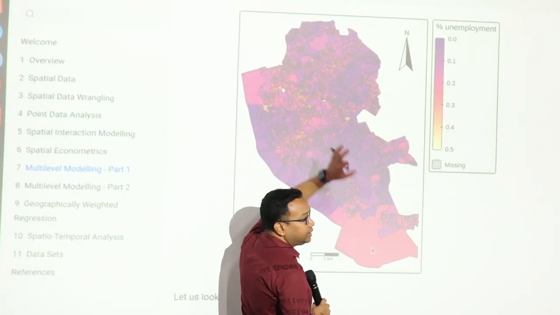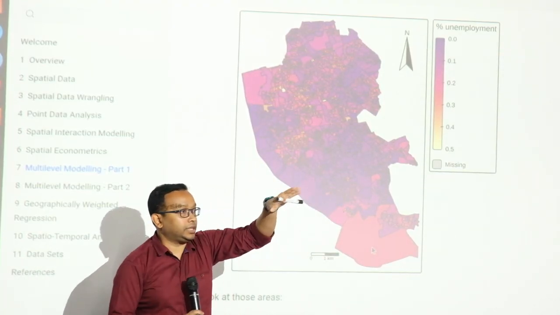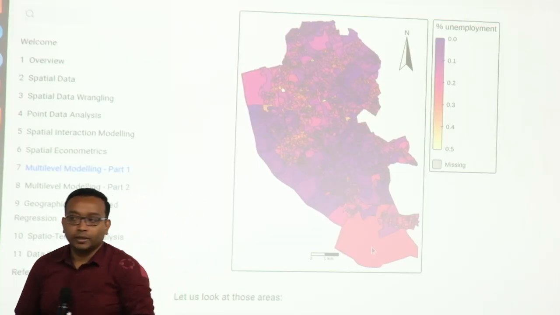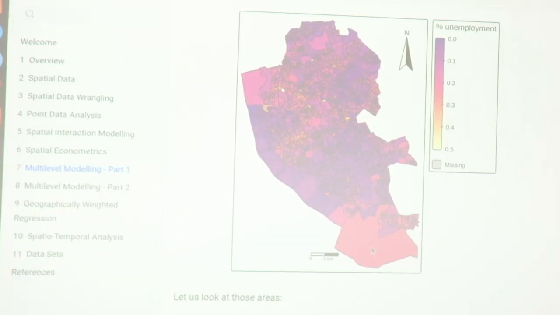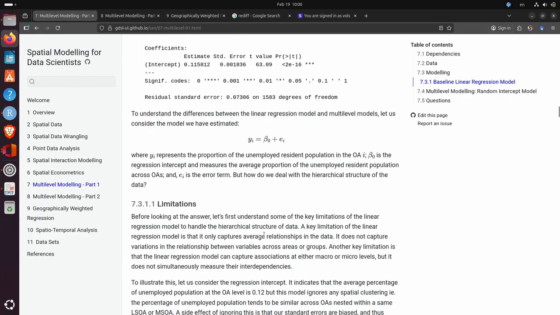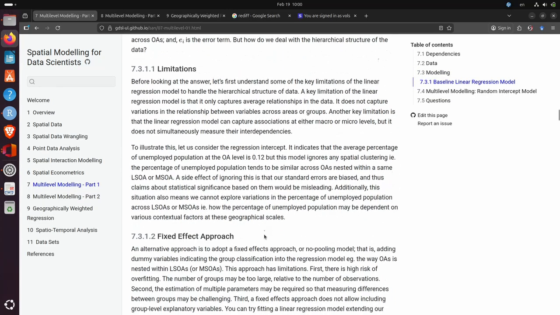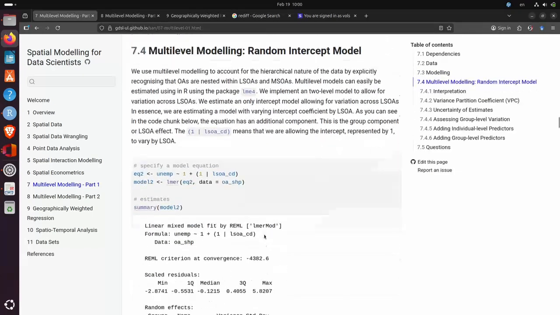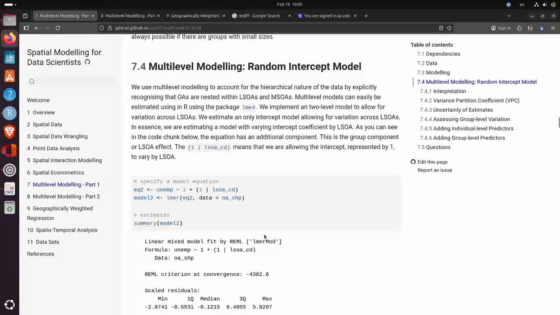There may be certain neighborhoods clustered together which have more unemployment than others. One way of taking care of the dependence is by using random intercepts or a mixed model approach. So I'll go back to the same thing.